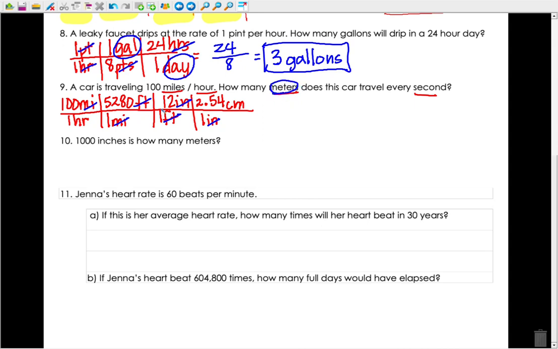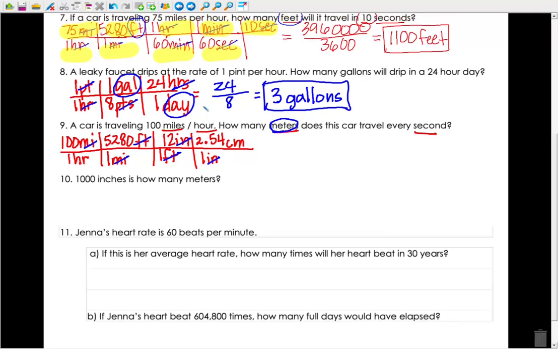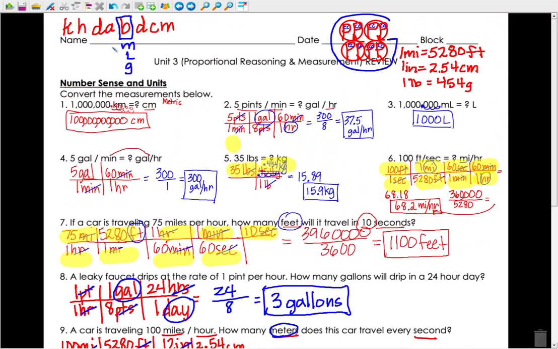So in metrics, all I have to do is move my decimal. I can simply take my decimal from 2.54 and move it over to get to meters, and then I'm there. So that's what I want to do. The number is 2.54 centimeters. If you look on your metric chart, converting from centimeters to meters requires that I move the decimal back 2 places.